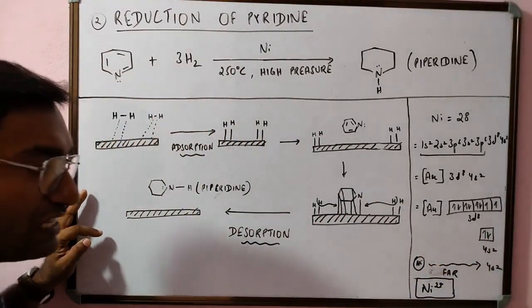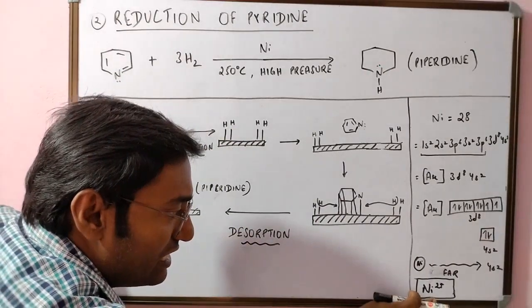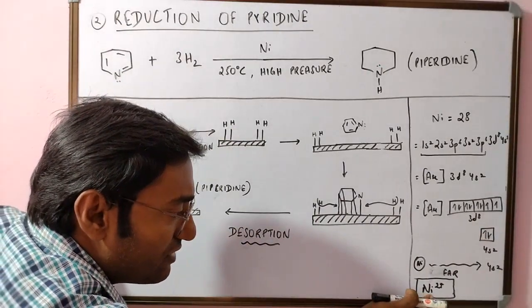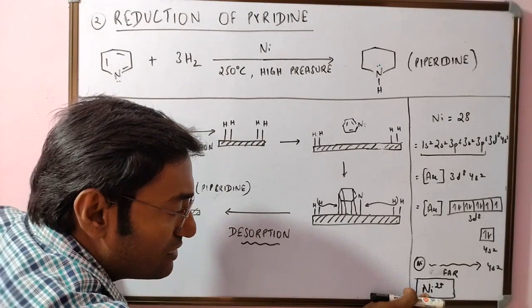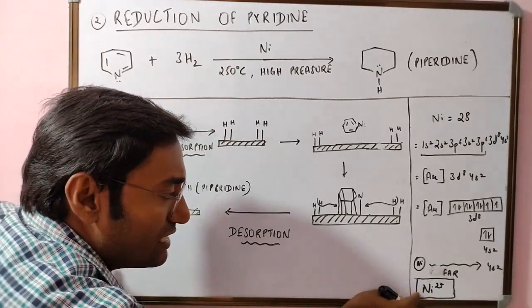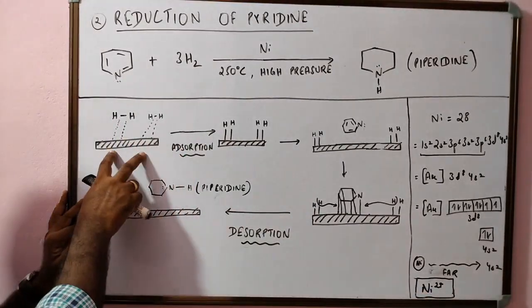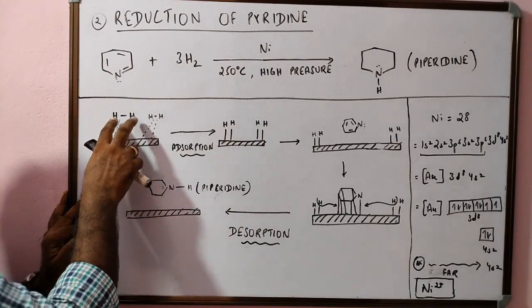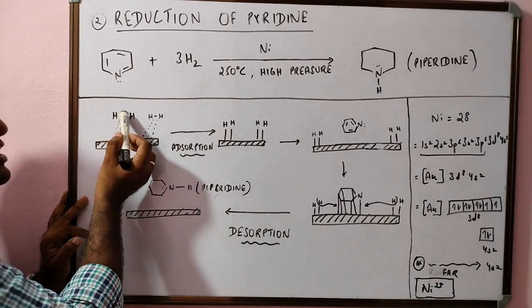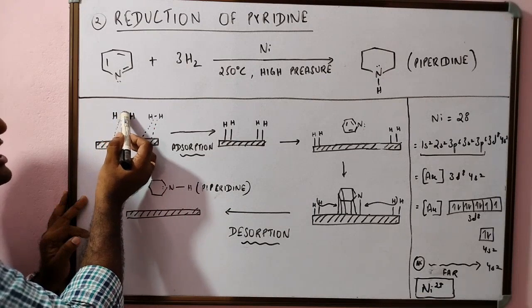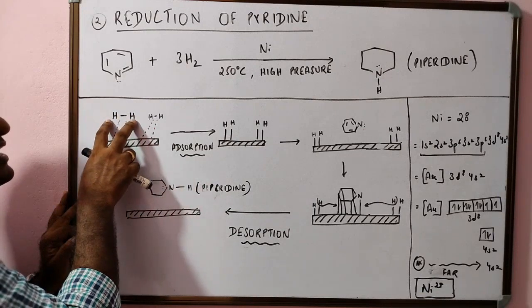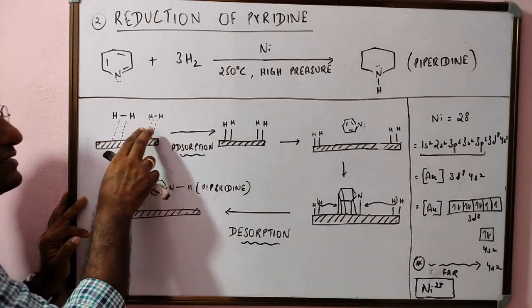In this situation, the nickel would exist in its oxidized state, which is Ni2+. This is an electron deficient state of nickel, and it is this electron deficient nickel that attracts the electrons that are shared in a covalent bond between two hydrogen atoms towards it.